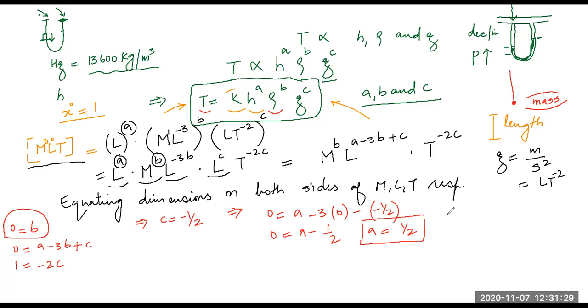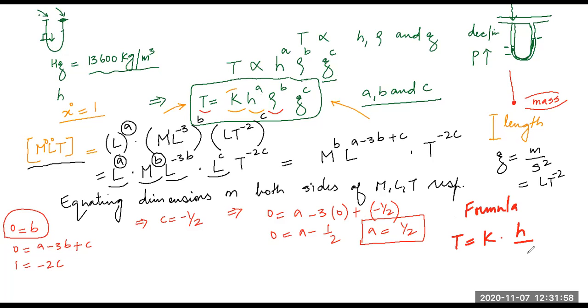Simply put the value. So the formula will be, can anyone tell? T is equal to K into under root H by G. H raised to power A, A is 1 by 2, so H will be on the top, and G will be at the bottom because C is minus 1 by 2.